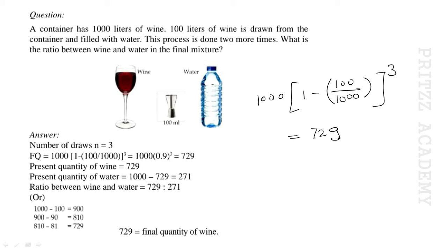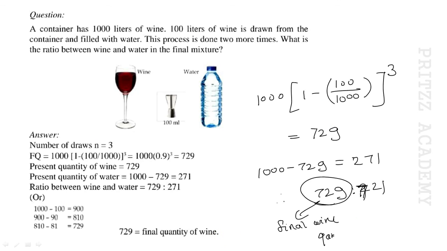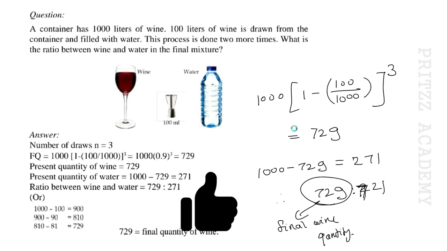Now 1000 minus 729 equals 271, so the final ratio will be 729 to 271. Okay, this is the final ratio we can get, and from this ratio we can conclude that 729 is the final quantity of wine. Okay, so this is how you can solve this type of questions with a simple formula.